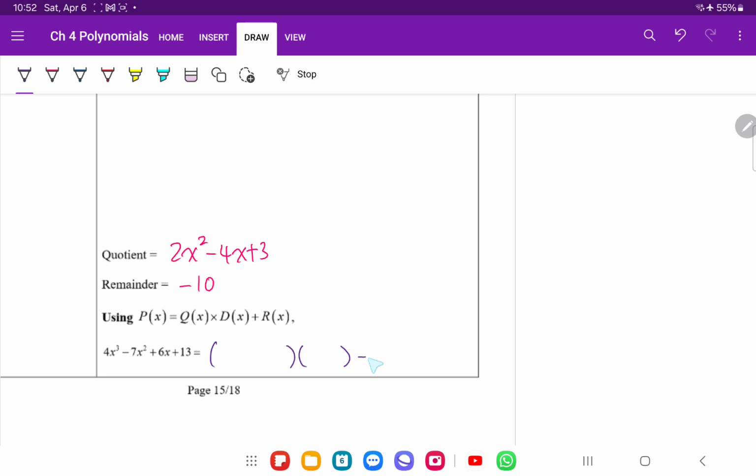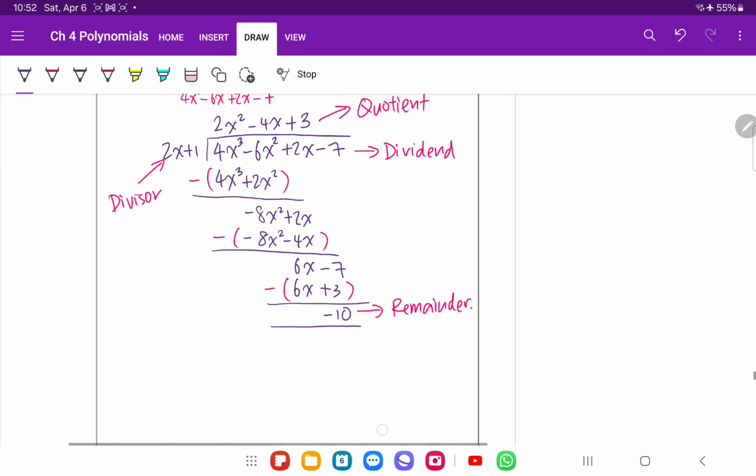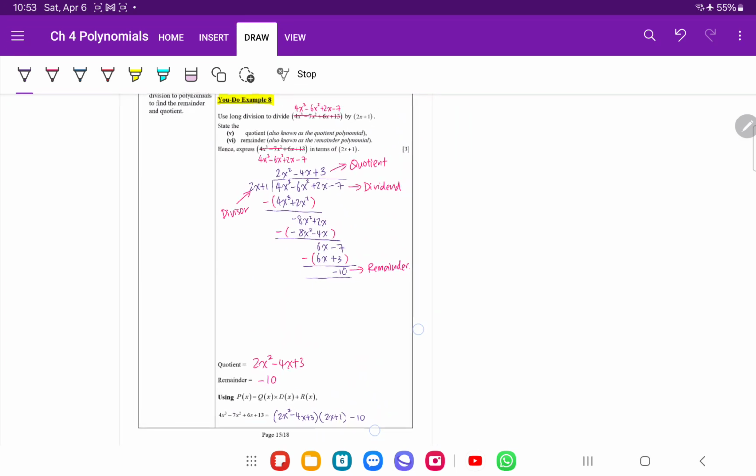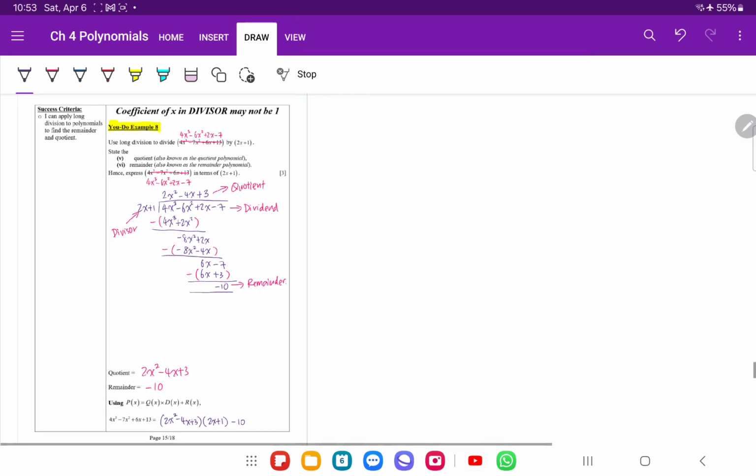Remainder in this case is negative 10. The divisor in this question is 2x plus 1. So let's write down 2x plus 1. And then you will have the quotient. Quotient is over here, so 2x squared minus 4x plus 3. And there you have it, page 15. This was supposed to be a homework question.